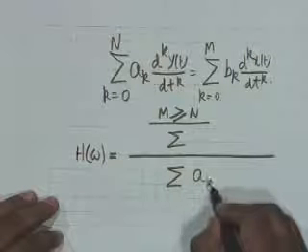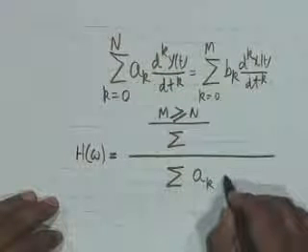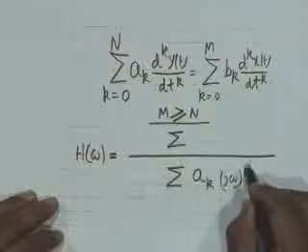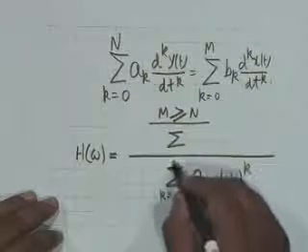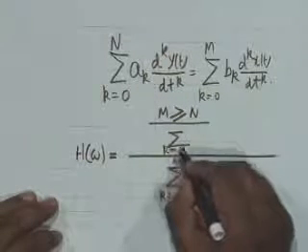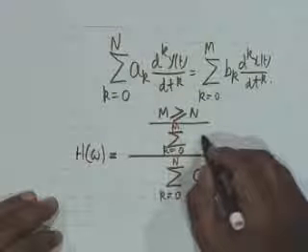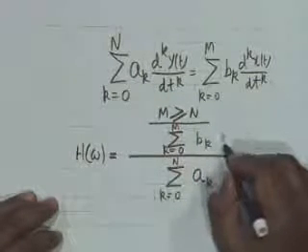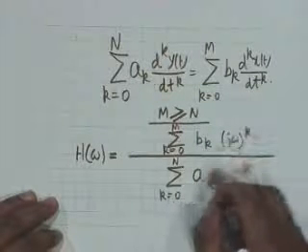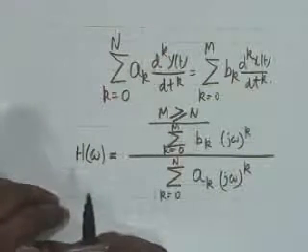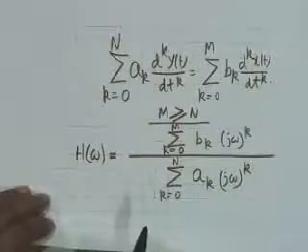The denominator is the sum of a_k (j omega)^k, where k goes from 0 to capital N, and the numerator is the sum from 0 to capital M of b_k (j omega)^k. Is this clear? Is this obvious? It's not obvious.